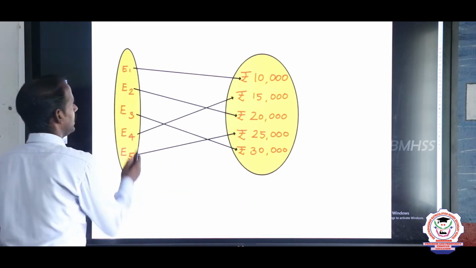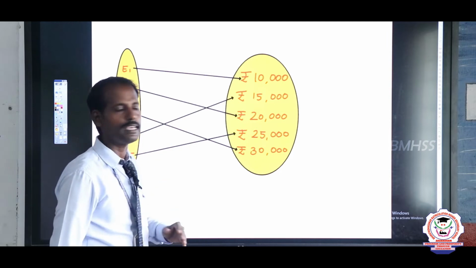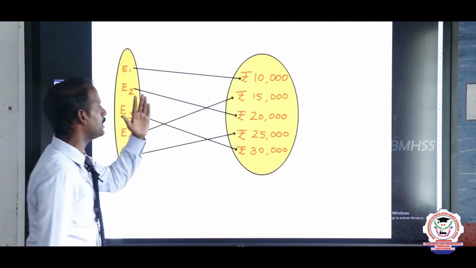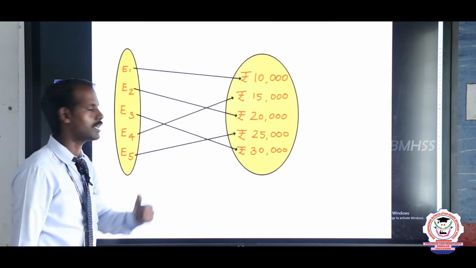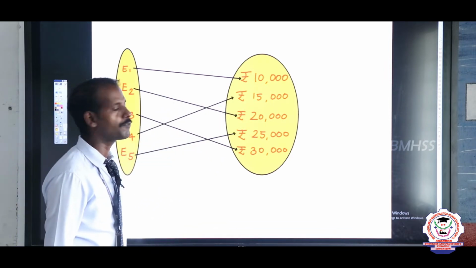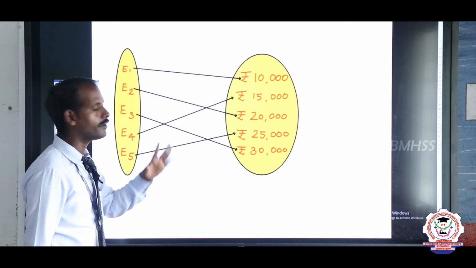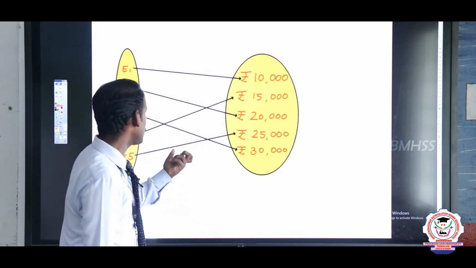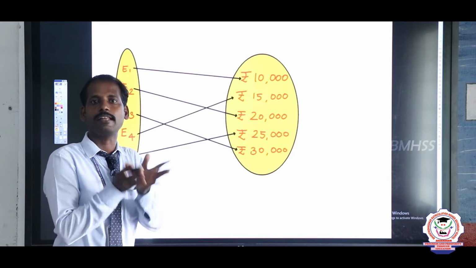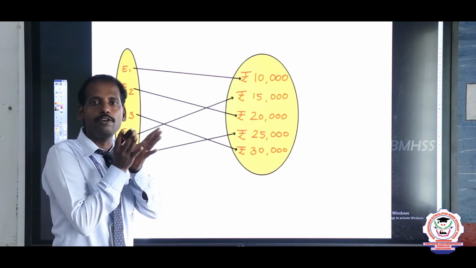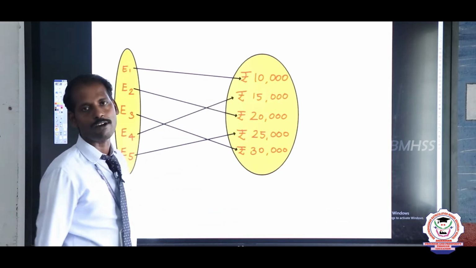So here E1 is one employee who gets a salary of 10,000, employee 2 gets 20,000, employee 3 gets 30,000, employee 4 gets 15,000, employee 5 gets 25,000. So here 5 different employees get different salaries, each one a unique image. So it is called a function.